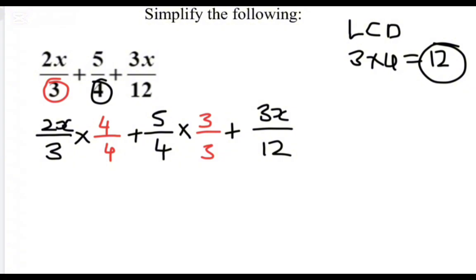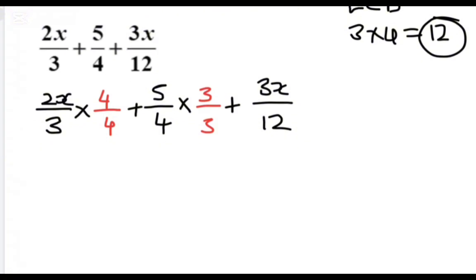You might be asking why we don't multiply this one. We don't multiply this because it's already our LCD, 12. We're trying to make this 3 be 12 and also this 4 be 12, by applying our previous technique for finding the LCD.